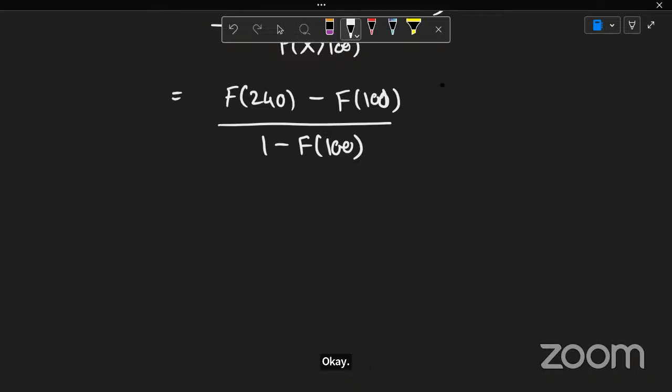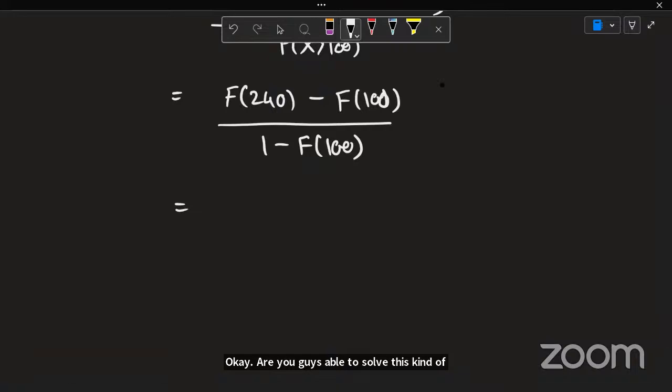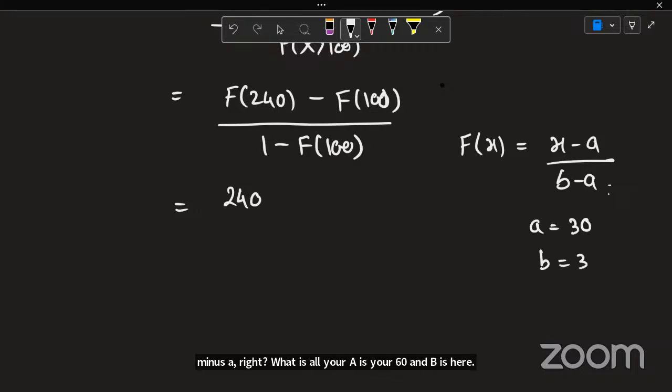Alright. So now this comes to this formula. Are you guys able to solve this kind of stuff? Okay, I'll give just an idea. 240 minus... What is the CDF for a uniform distribution? We have calculated it was x minus a divided by b minus a, right? What is your a? a is 60 and b is 360.